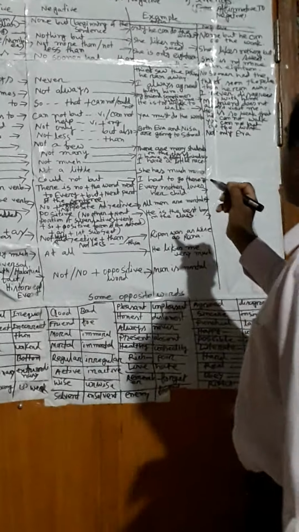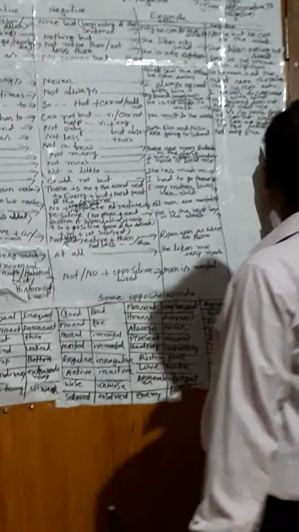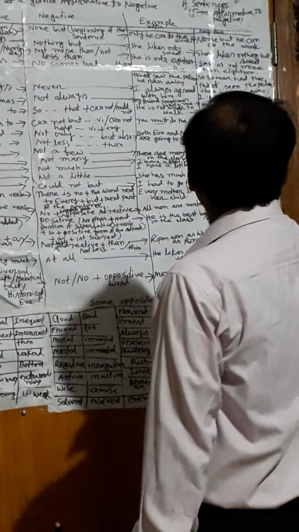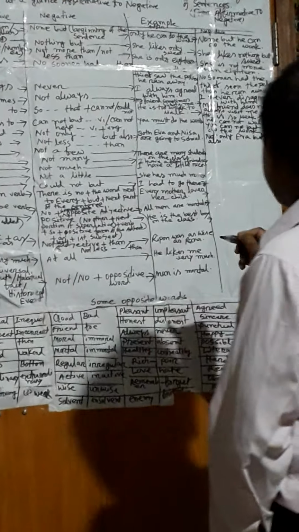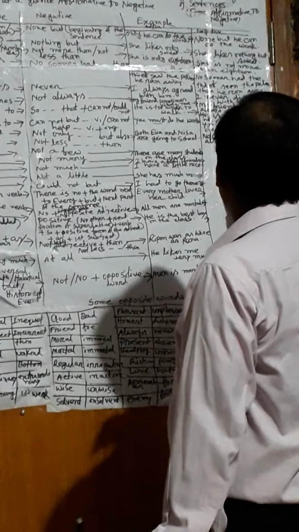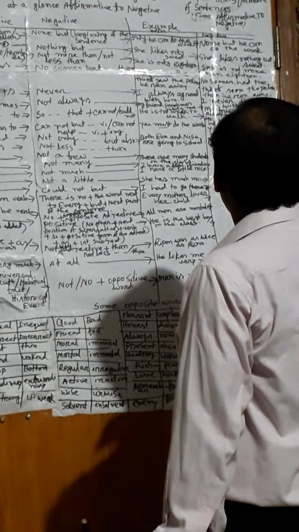Then you have to omit and and put but also. Then you have to use the next part of this sentence, also are going to school.